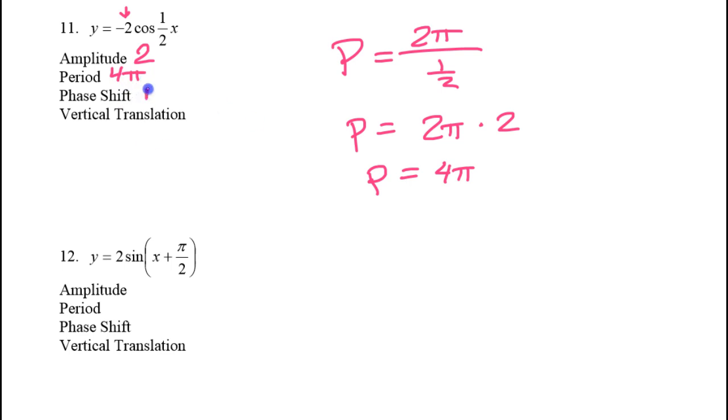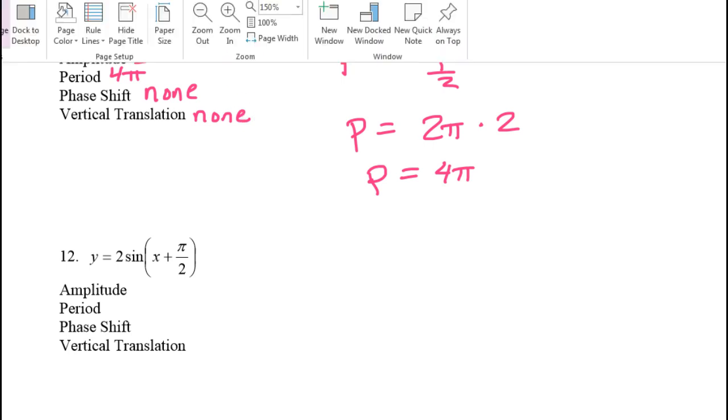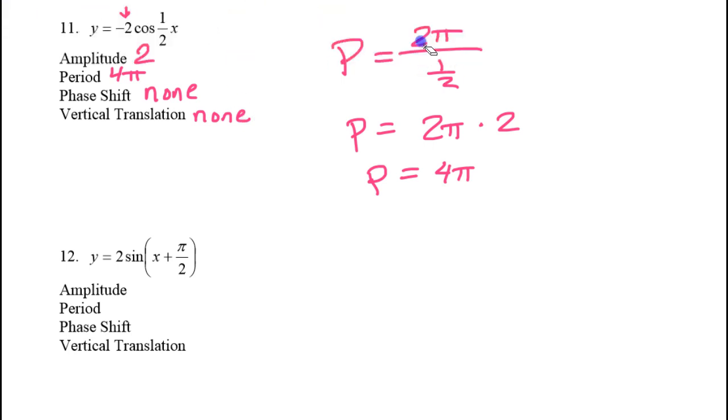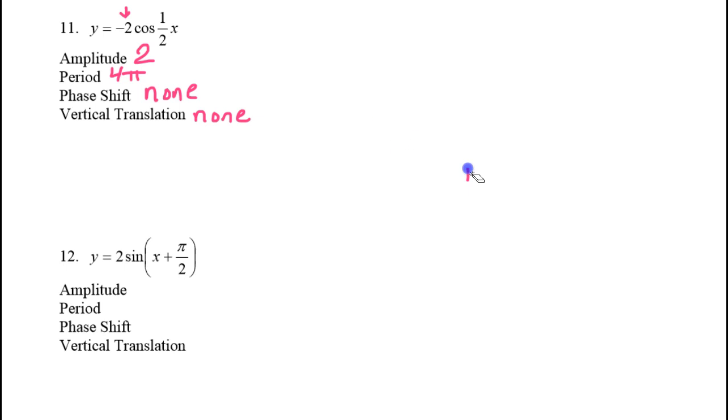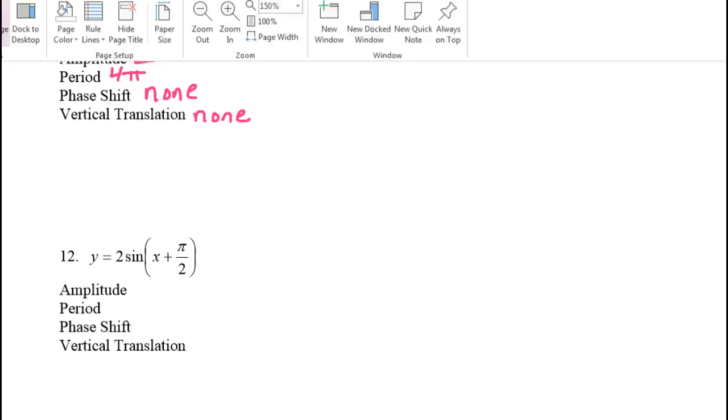So the period is 4 pi. There is no phase shift, so I can just say none. Vertical translation, nothing is being added or subtracted. So again, I will just say none. So this graph is going to be relatively simple. So let's just go ahead and draw the x-axis.